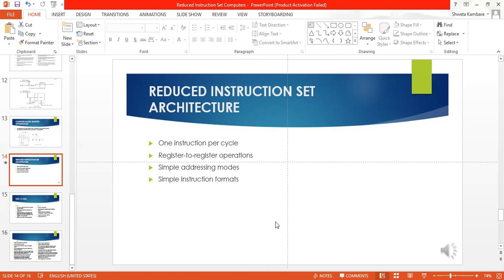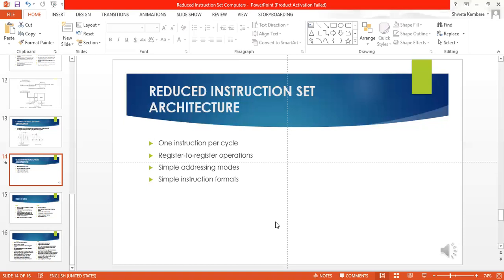And last one is the simple instruction formats. In case of reduced instruction set architecture, the instruction format is simple, and the length of instruction is fixed. So when you fetch the instruction, the whole instruction will be fetched.